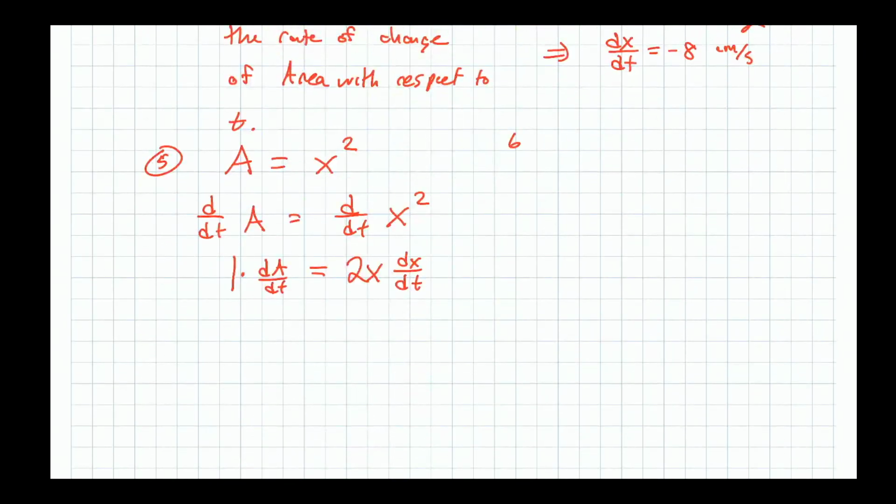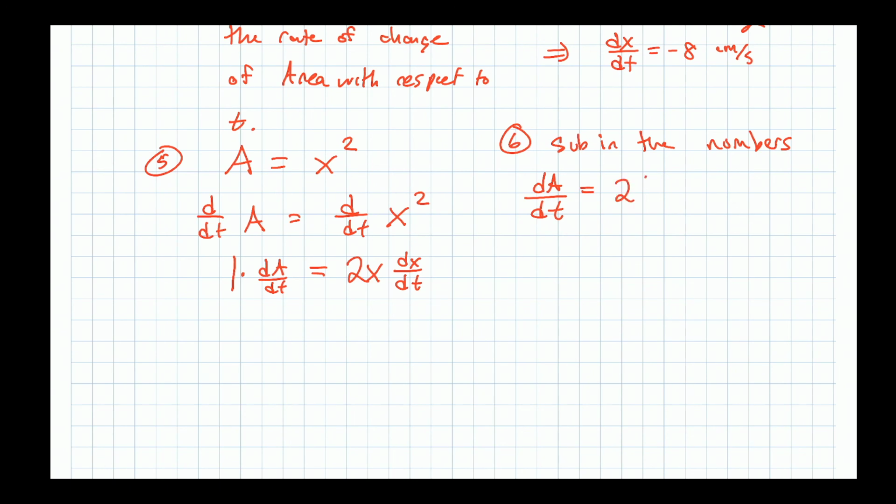So step 6. Sub in the numbers. Now, you can and maybe should write in the units for every number that you plug in, but nothing happens if you don't. Like it should still work out. So dA/dt we don't have a number for.